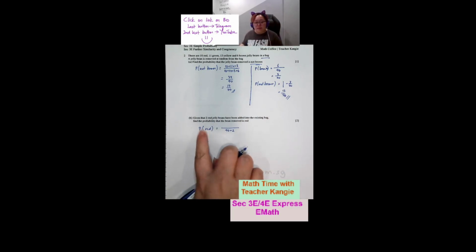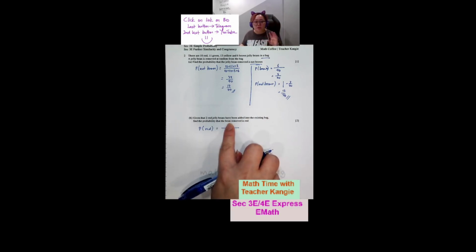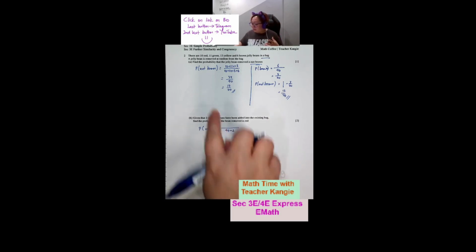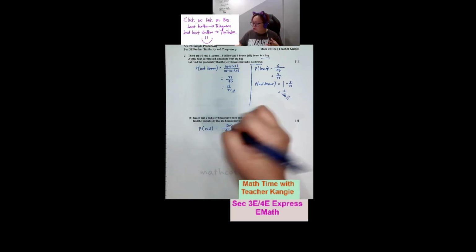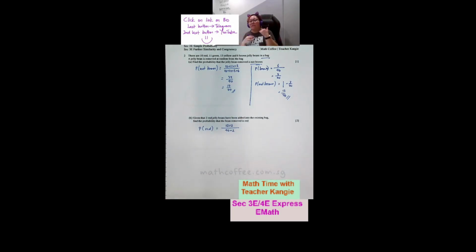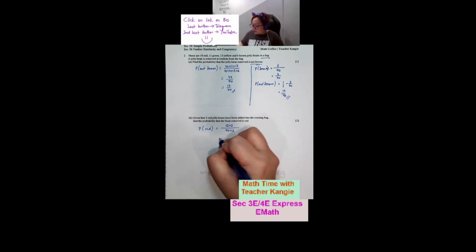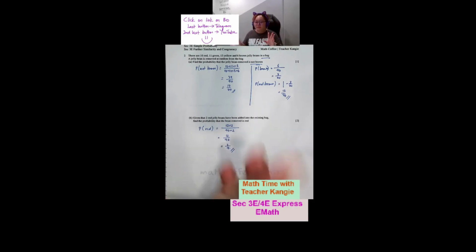And because it's probability of red, the numerator is only the red that I'm interested in. My red initially has 10, and because they added 2, my new number of red is 10 plus 2, which is 12. So it becomes 12 out of 42. Reduce it to the lowest term, I get 2 out of 7. Done.